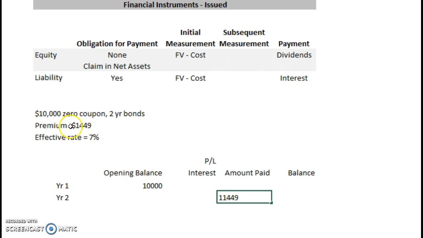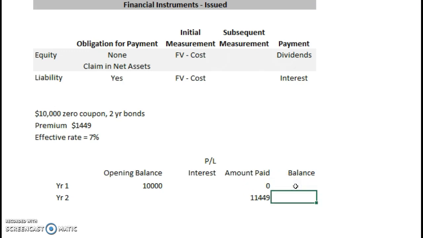That's 10,000 plus the premium. So that is the amount paid. We also know that at the end of year 1, nothing is paid to the lender, the person who's lent the company money, so that's 0 in there. So now we have to look at the remaining figures.